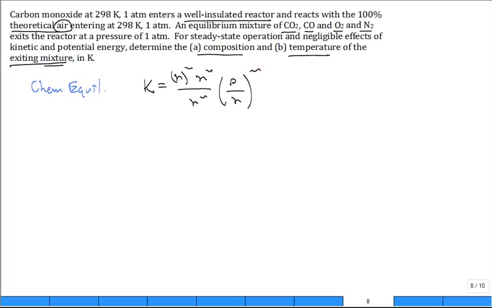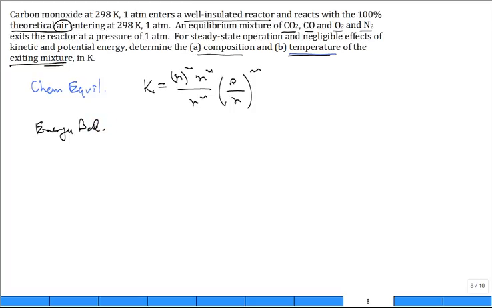That's our standard approach. But last chapter, when we wanted to calculate temperatures of products, we had a different type of balance. We had an energy balance. What did that equation look like?